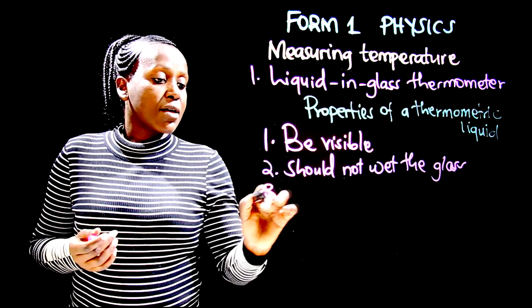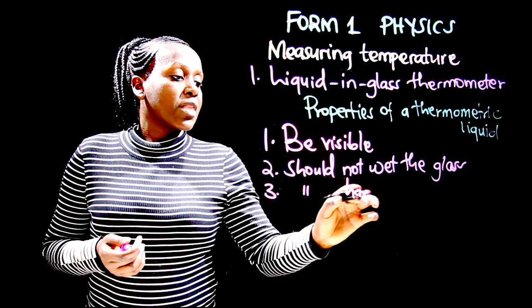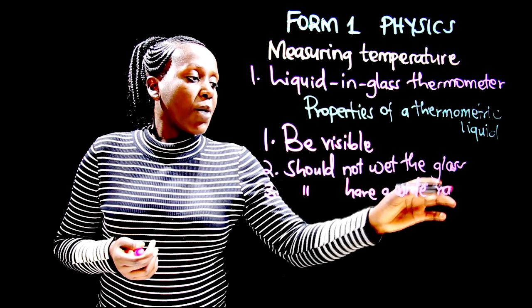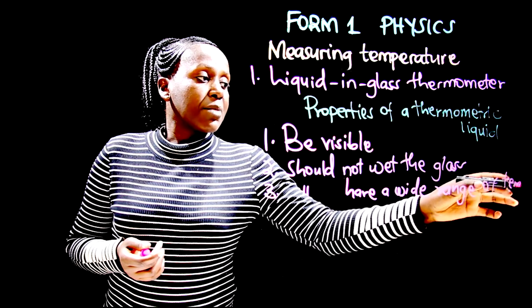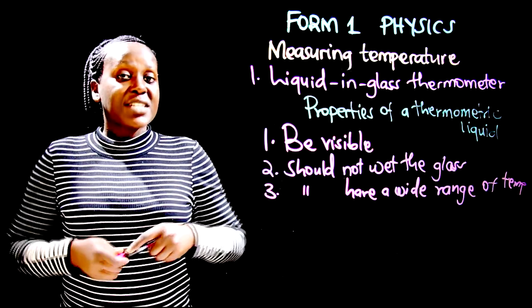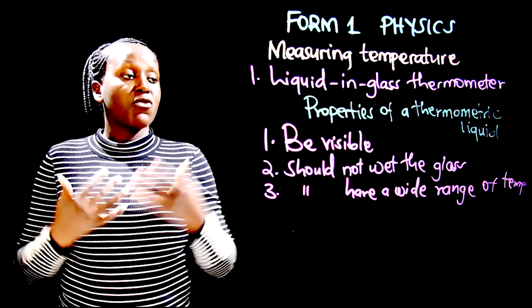Now another property is that it should have a wide range of temperature. What does this mean? Remember, the substance that we are using in the thermometer must be in liquid form for us to use it.